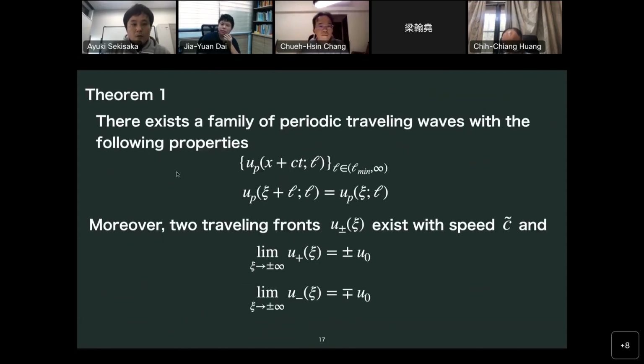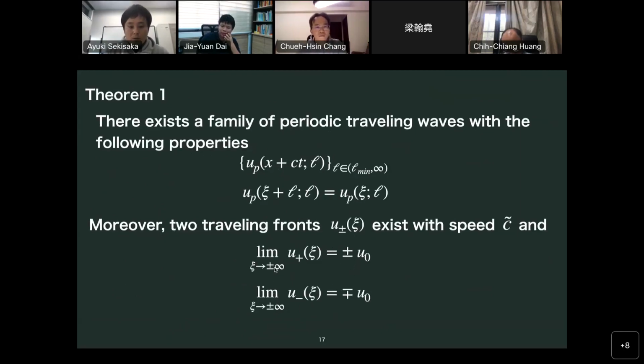Okay, next. Theorem 1. There exists a family of periodic traveling waves with the following properties. The wave train has a period L. And moreover, two traveling fronts exist, U plus and U minus, for a specific speed C tilde. These solutions satisfy the following equation.